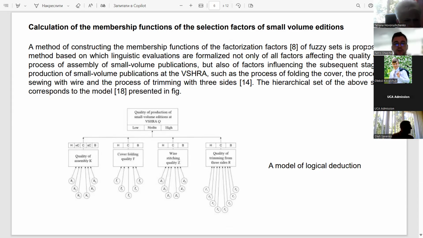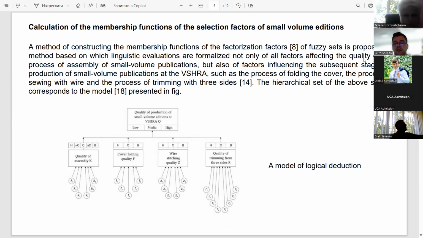In our research, a method of constructing the membership function of the defuzzification factors of fuzzy sets is proposed, a method by which linguistic evaluations are formalized not only of the factors affecting the quality of the process of assembly of small volume publications, but also of factors influencing the subsequent stages of production, such as the process of gluing the cover, the process of sewing with wire, and the process of trimming on three sides.